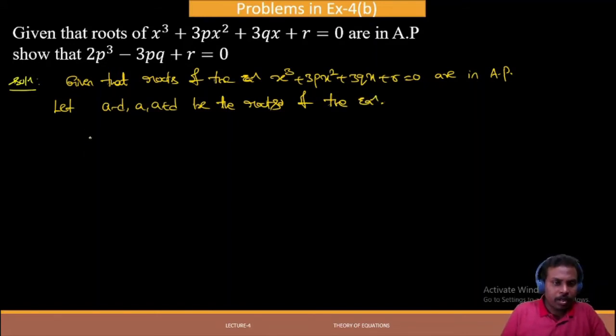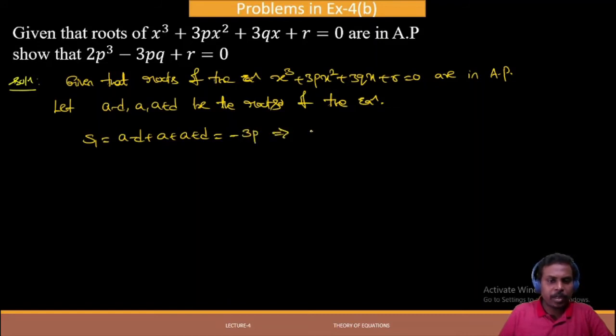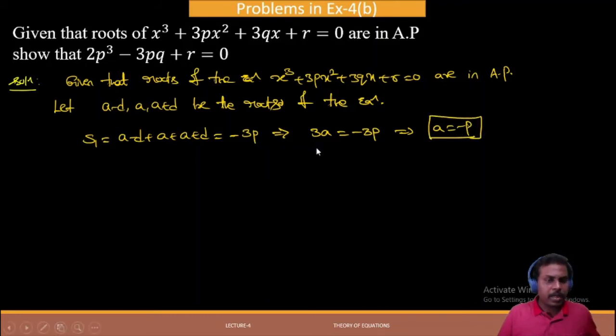Okay. Now let me consider my S1. What is S1? S1 is a minus d plus a plus a plus d. So this is equal to minus 3p. So implies 3a is equal to minus 3p. Implies a is equal to minus p. Observe that a is one of the roots.